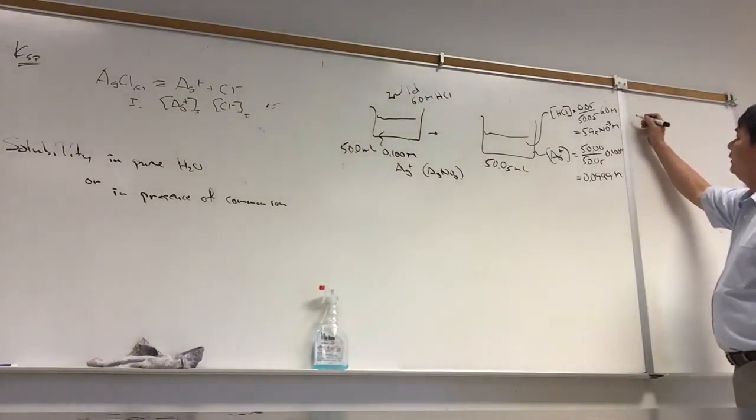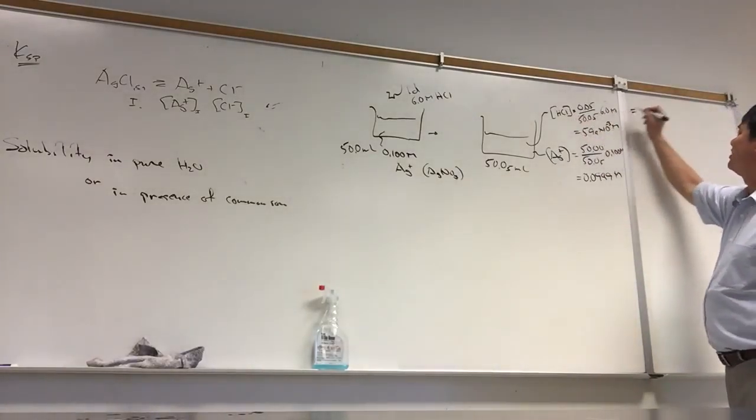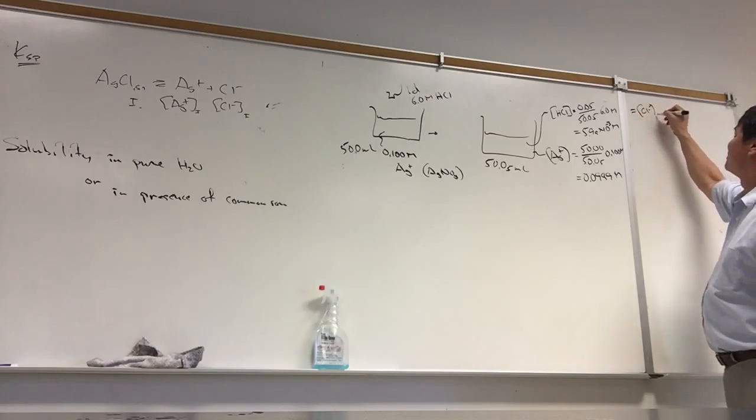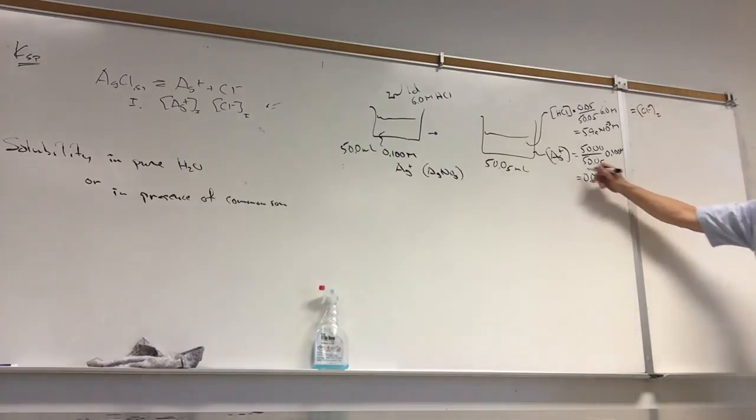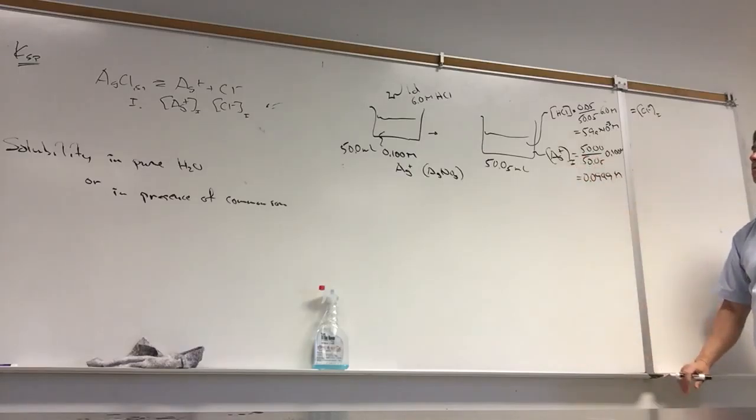The HCl is going to be the same as the chloride concentration. So this would be the initial chloride concentration, and this is going to be the initial silver ion concentration.